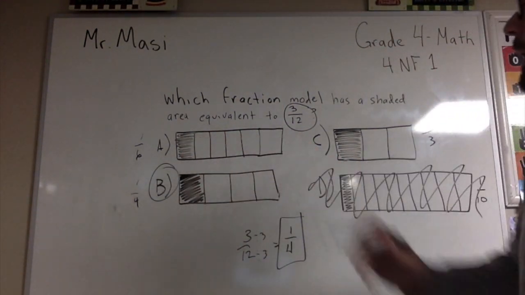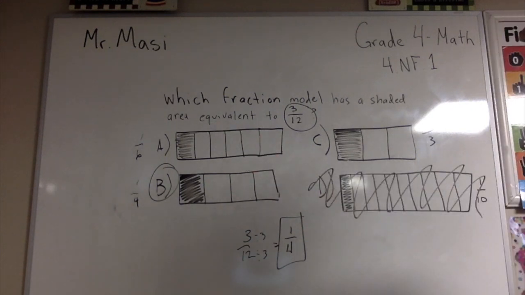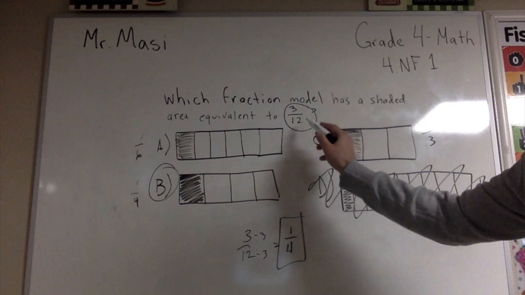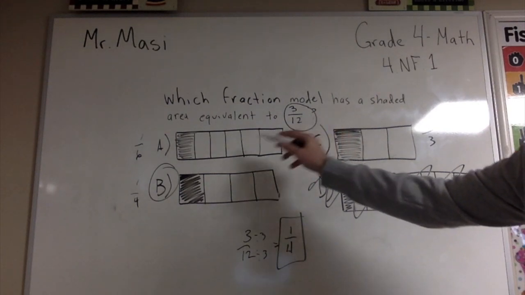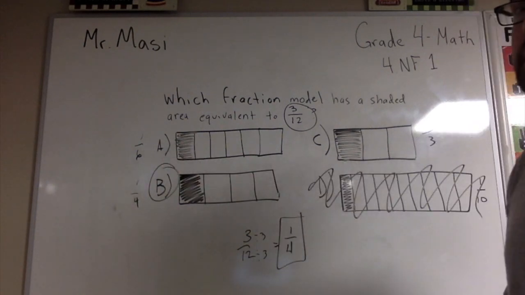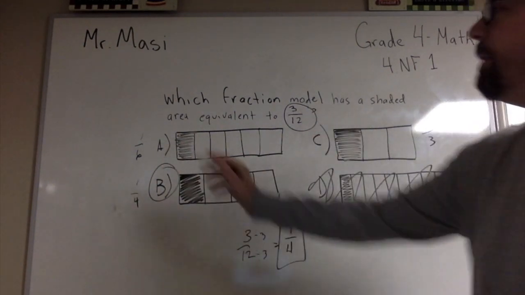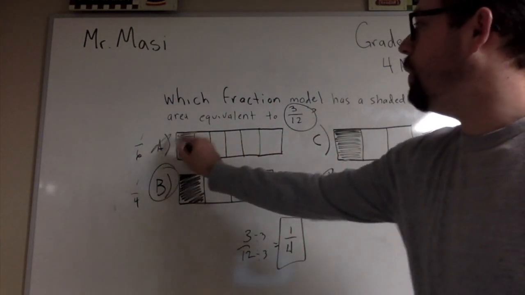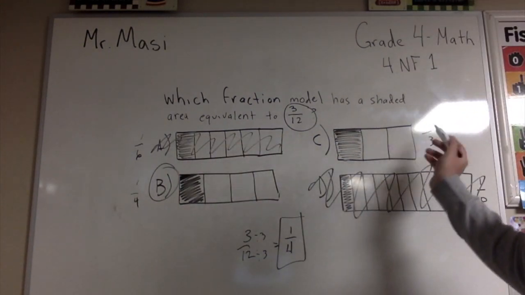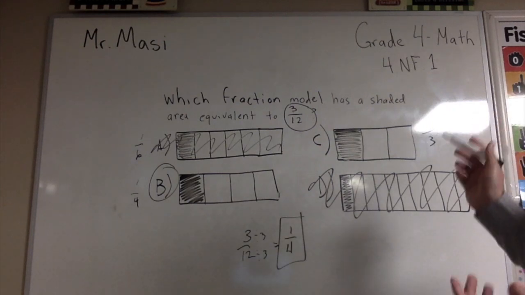It cannot be 1/6, because if I divide 3 in half and 12 in half, if I divide 12 in half, yes, I will get 6. If I divide 3 in half, I will not get 1. So I can eliminate A. A would not work. Now, let's look at C. Why C doesn't work.